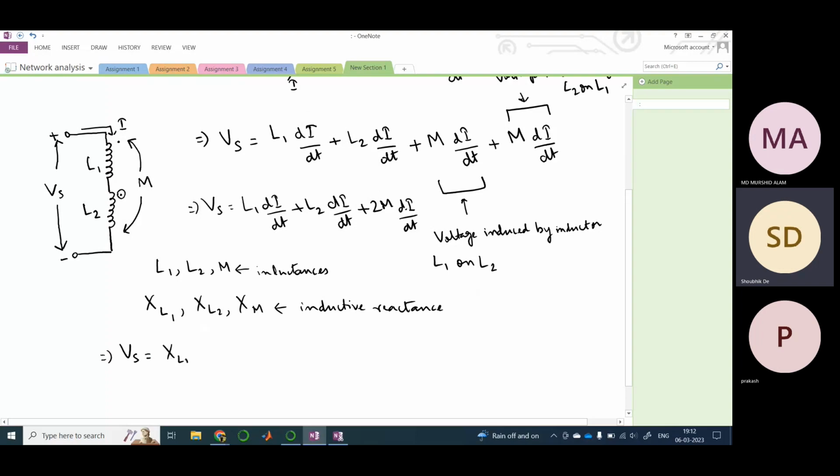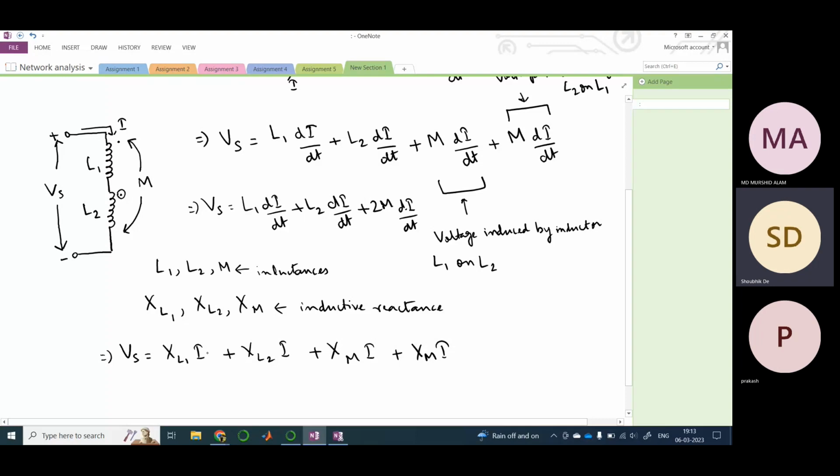So this would be XL1 I1 plus XL2 I2 plus XM I plus again XM I. If we want to replace this L di/dt with the inductance, then this part would be nothing but the inductive reactance multiplied by the current flowing through the inductor, right?